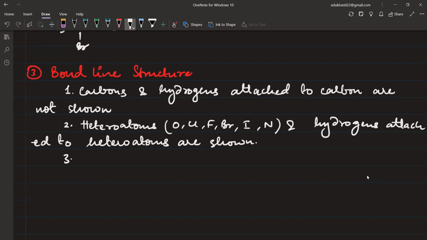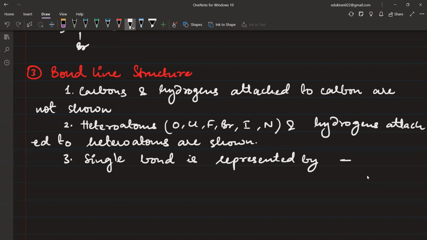Third thing, a single bond is represented by a dash line. A double bond is represented by two lines.